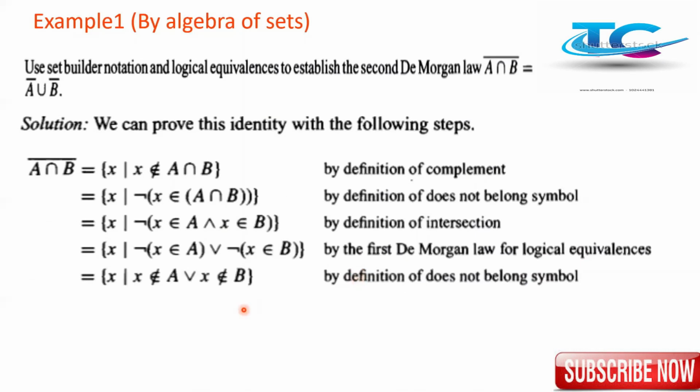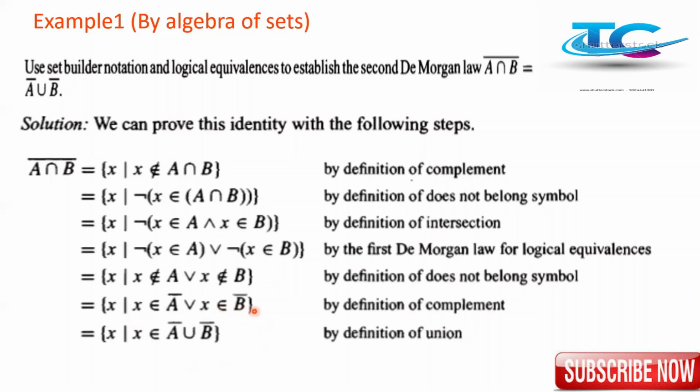And then again, by definition of does not belong to, the negation of X belongs to A can be written as X does not belong to A or X does not belong to B. So again we have converted this into the does-not-belong symbol. Next, by definition of complement, X does not belong to A means X belongs to A complement, and X does not belong to B means X belongs to B complement.